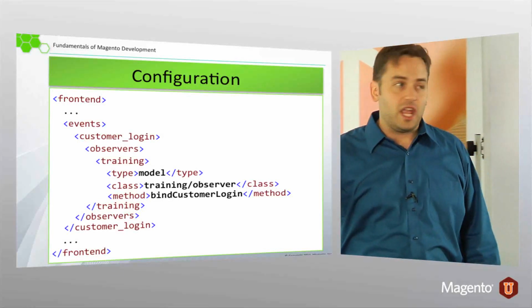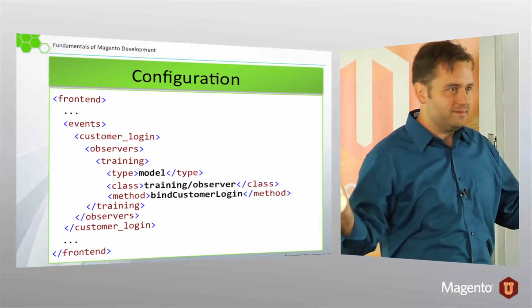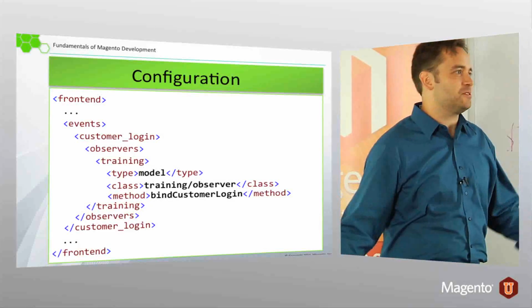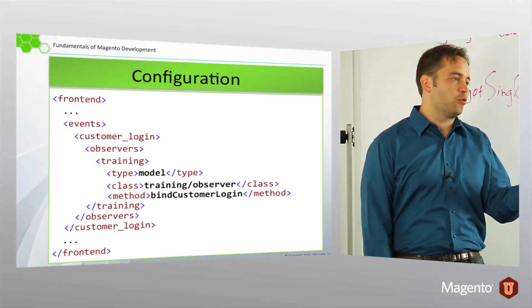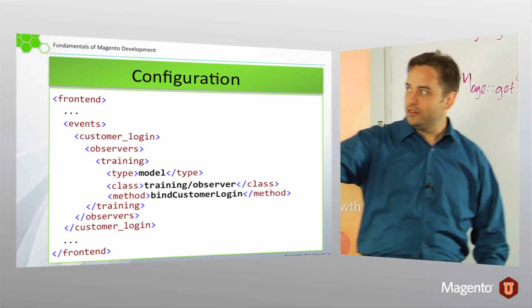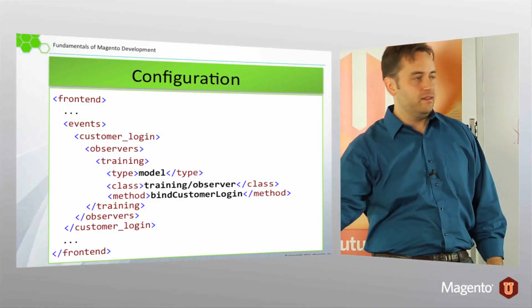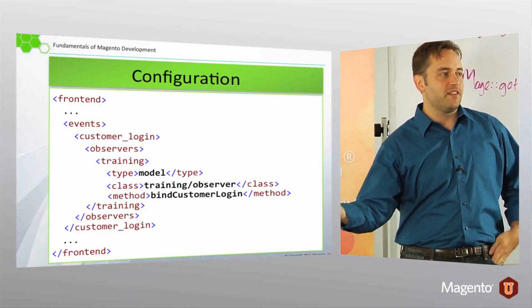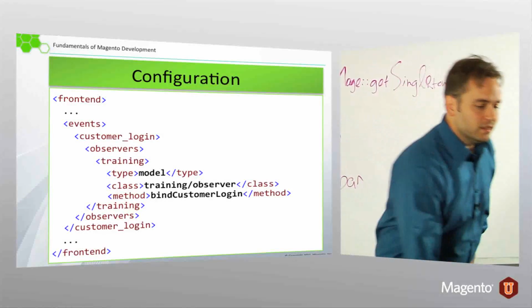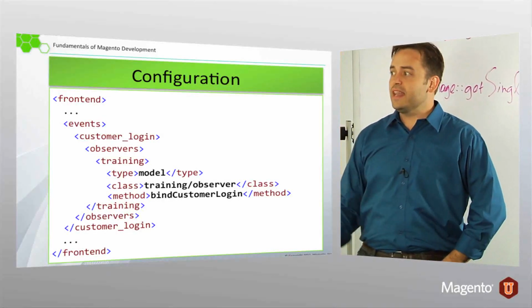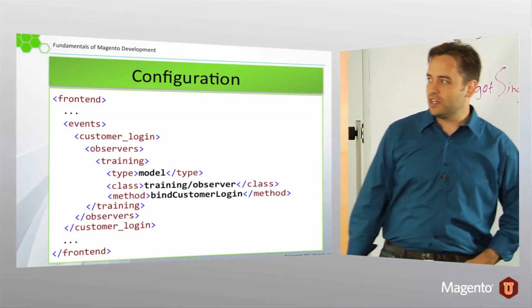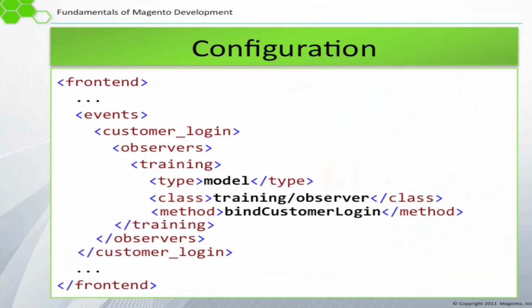So anyway, we have two options for instantiating here: model or singleton, which will map out to Mage get model or Mage get singleton. Third option is disabled. It disables the observer. And that's how you can override an existing configuration and just specify the same XPath and call disabled here for type. Okay. Now the other two parameters inside of our little spot in the observers node.